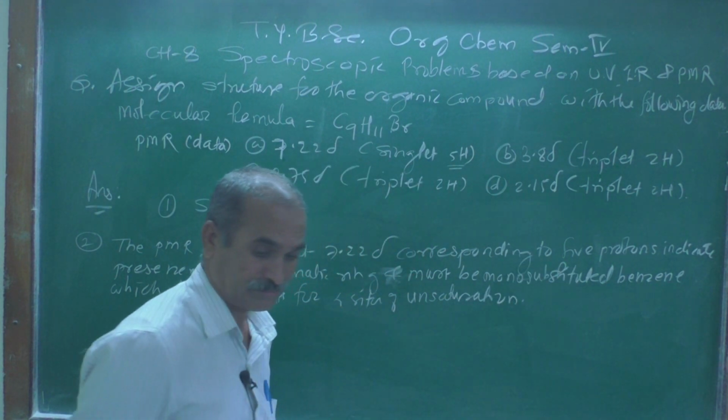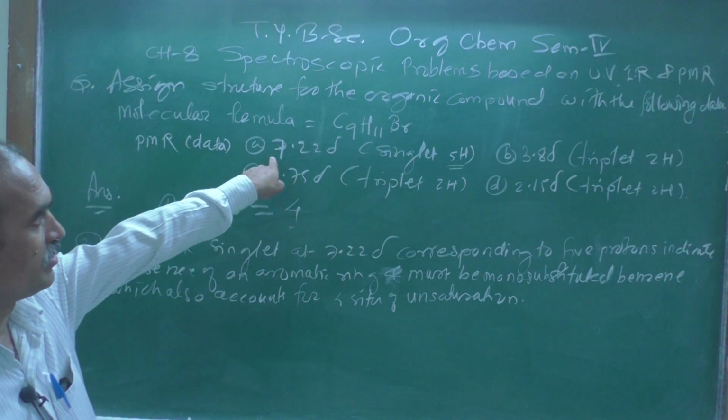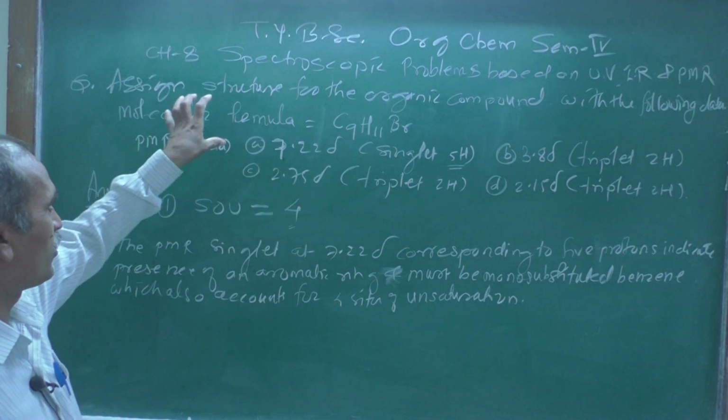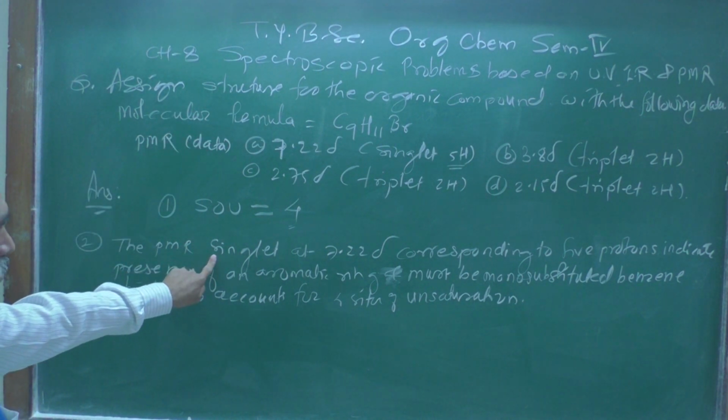Look at this. Got it? The second point we are discussing from the PMR data: the PMR singlet, because a singlet is given, there is no neighbor at all.